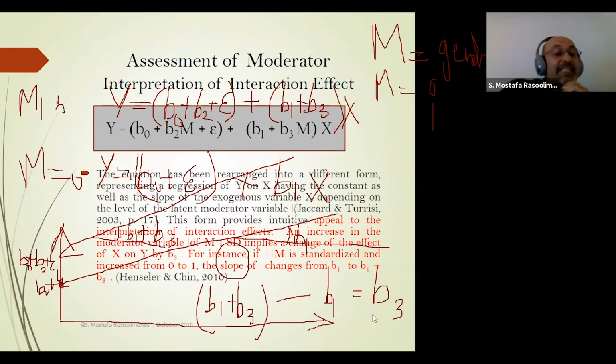So if this is significant, it means there is a significant difference between the effect of X to Y for the high level of moderator compared to the low level. If the effect of X to Y is higher for the high level of moderator, we say the effect of X to Y is stronger for the high level of moderator.